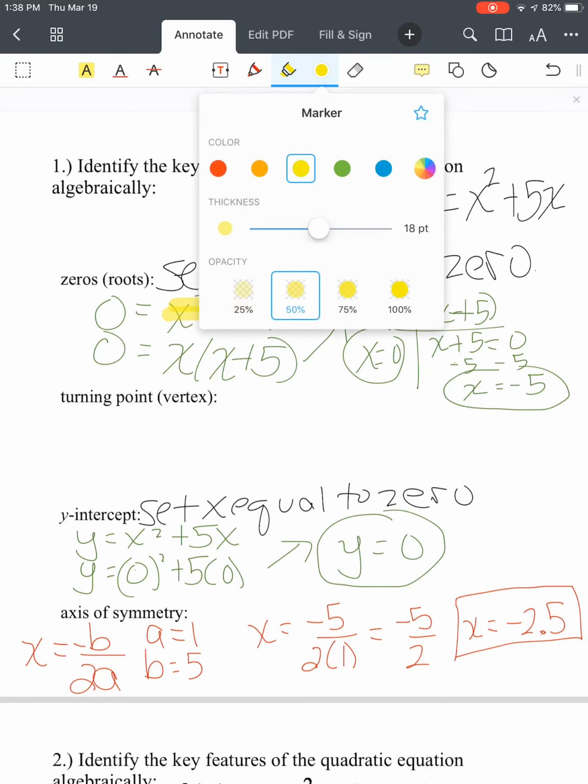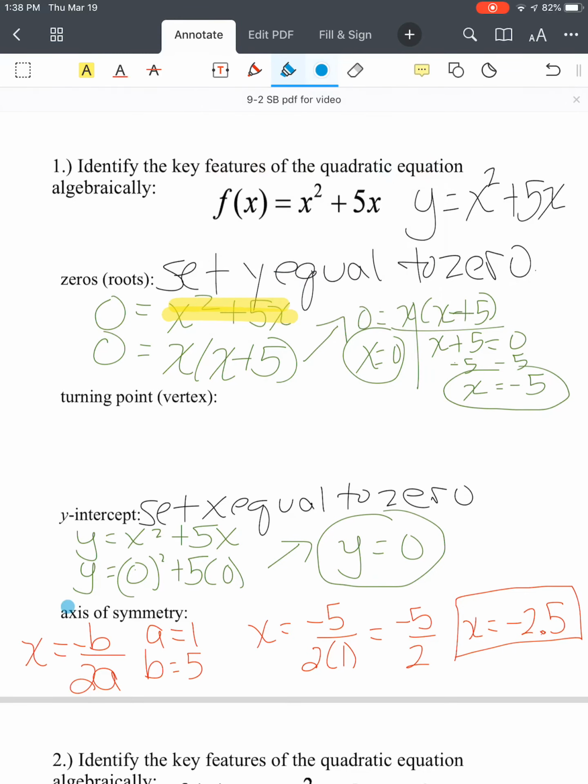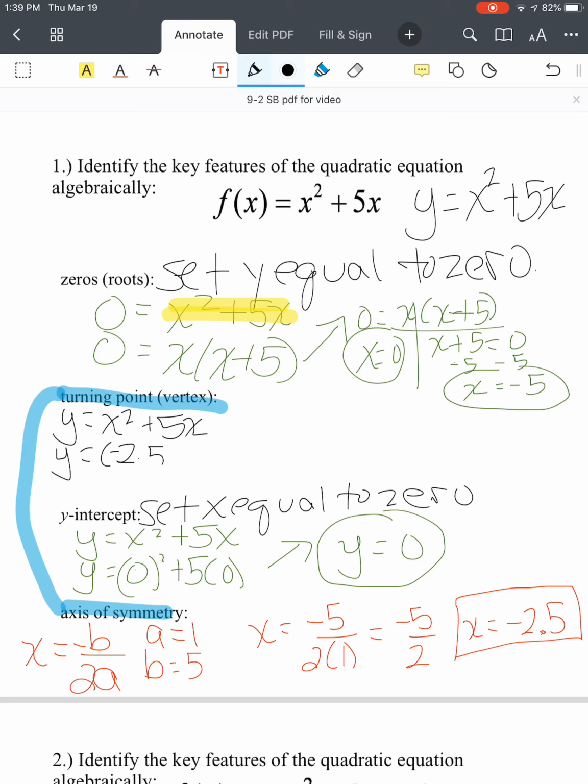Okay. To find the turning point, we need the axis of symmetry. These two go hand in hand. So we're going to take the value we got for x, which is negative 2.5, and plug that in for x and get our y value. So y equals x squared plus 5x. I want to figure out y, so I'm going to put negative 2.5 in for x both times.